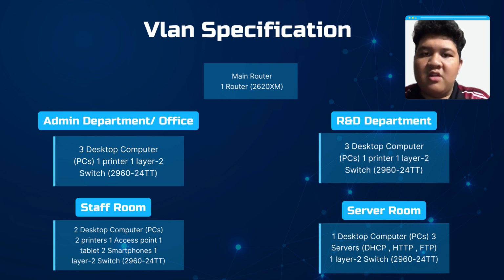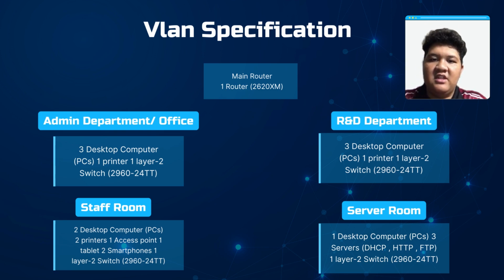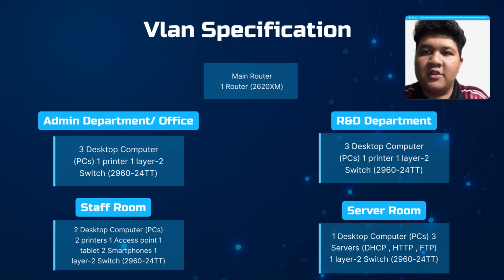So for the requirements, there are 4 departments: admin office, server room, R&D lab, and staff room. There are 4 VLANs and different devices in each room. So for the department and devices used for the project, the first one is the admin department: 3 desktop computers, 1 printer and 1 layer 2 switch.